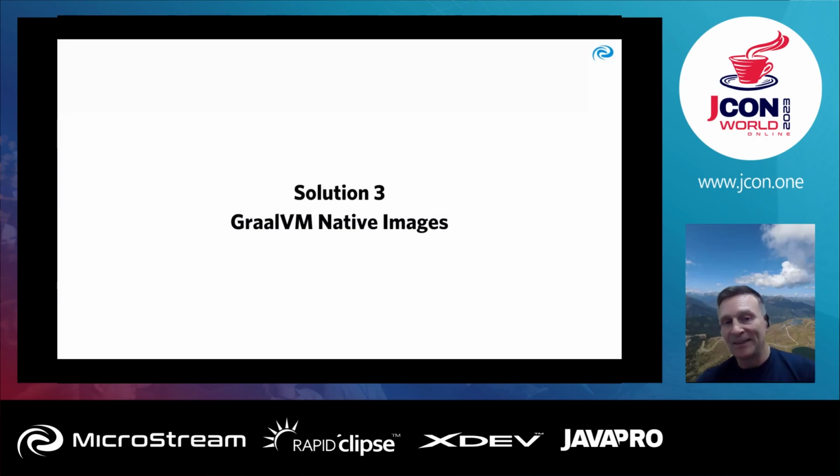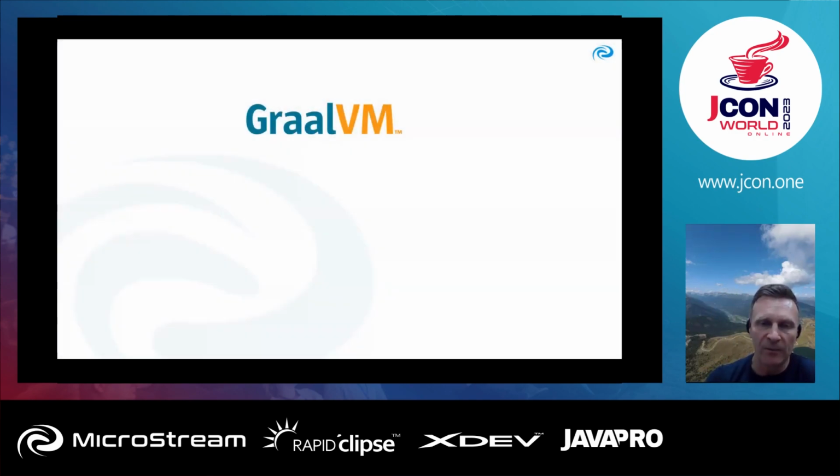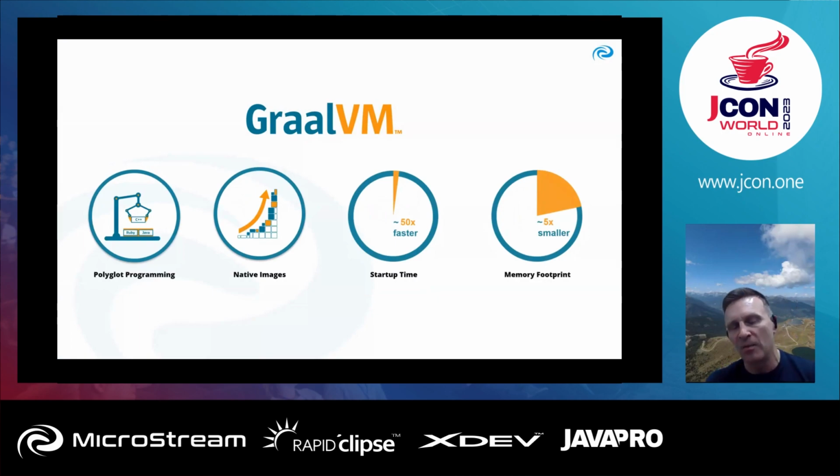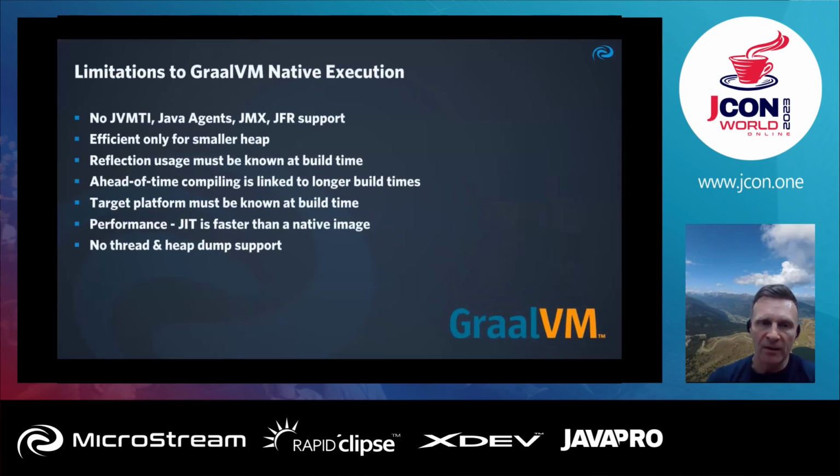Solution number 3, GraalVM native images. With GraalVM native images, we would be able to create a native executable, and it promised much faster startup time. So we checked this out.